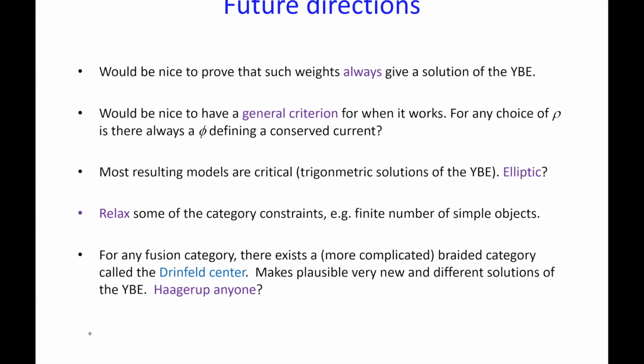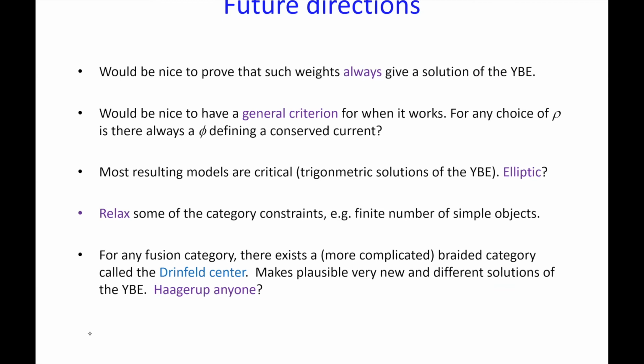Okay, my second question is, when you define your conserved current J, you choose all the braiding to be overcrossing? I assume there are many choices you can make, 2 to the n choices, overcrossing or undercrossing. But I think this might be related to the last item on your future directions.